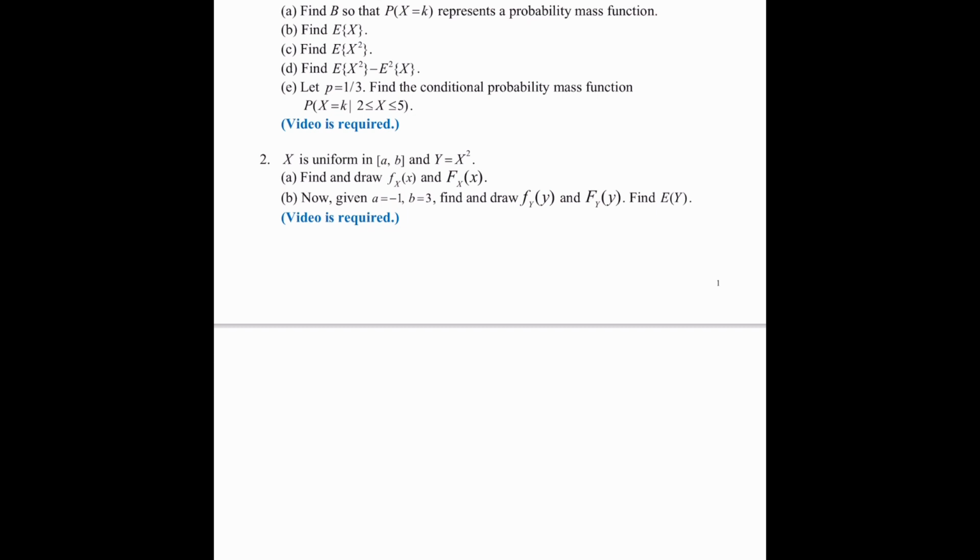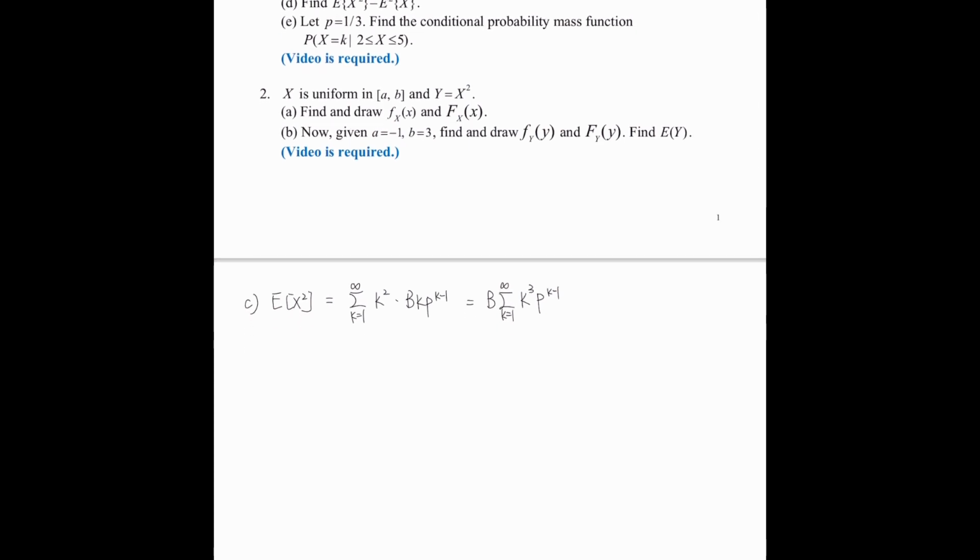Question C. Find the expectation of X squared. The expectation of X squared equals the sum from k equals 1 to infinity of k squared times b k p to the k minus 1, which equals b times the sum from k equals 1 to infinity of k cubed times p to the k minus 1.